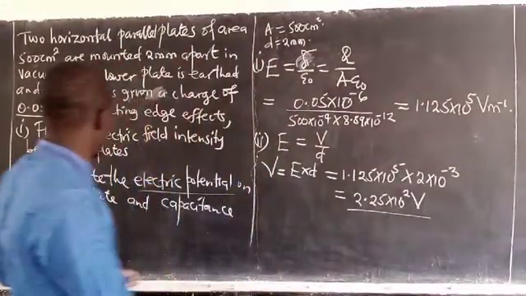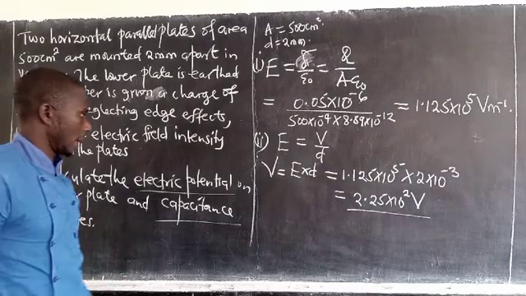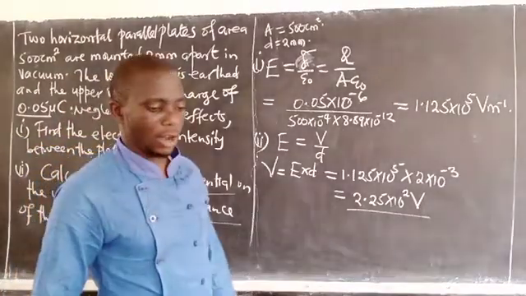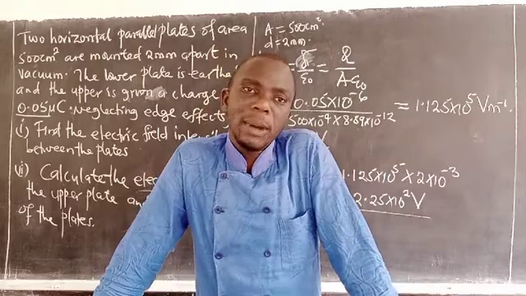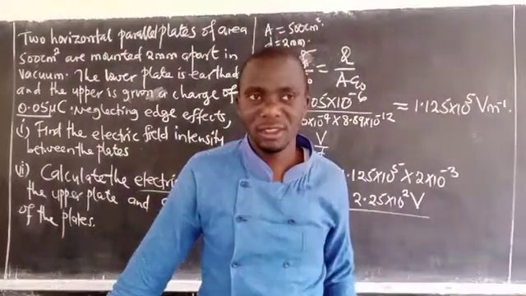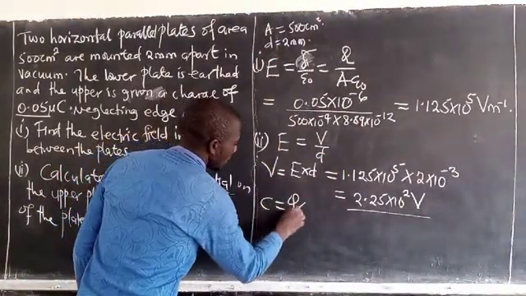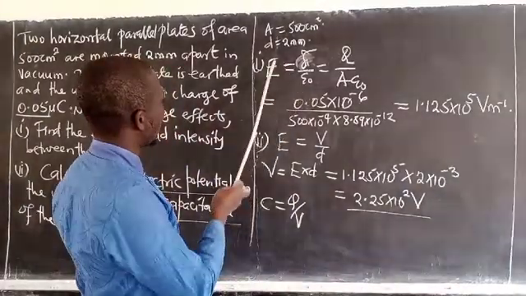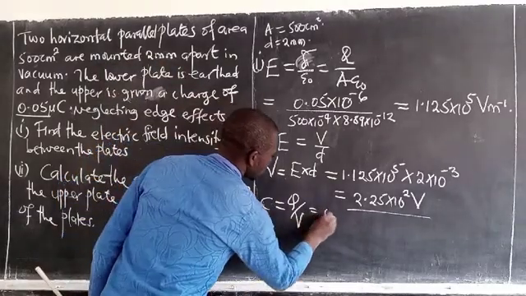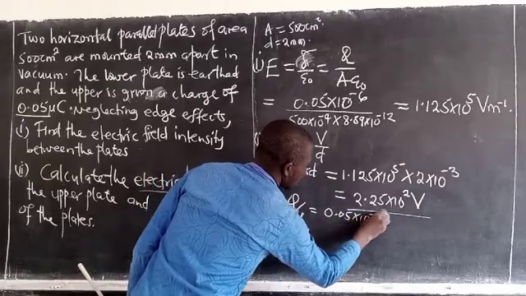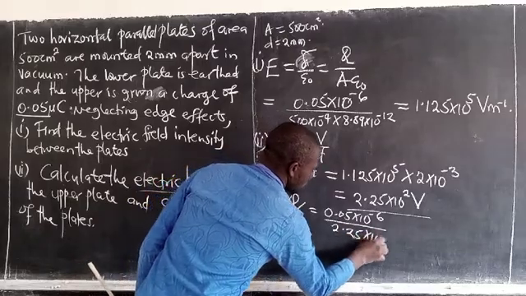And lastly, we want the capacitance of the capacitor. What is the value of the capacitance of the capacitor? How do we get the capacitance? It has very many forms. But from the original definition, we say that capacitance is Q out of V. You can see the charge we have, and the voltage we have also got. So you can substitute: 0.05 exponent -6 out of 2.25 exponent 2.